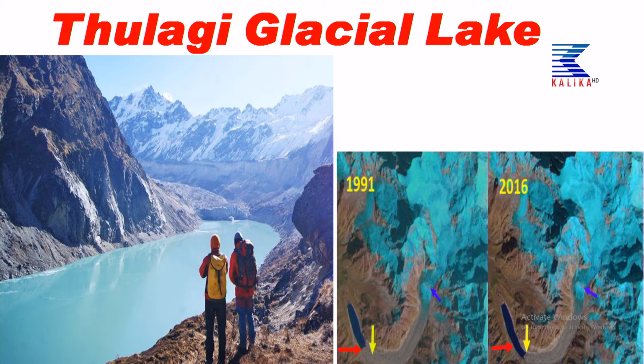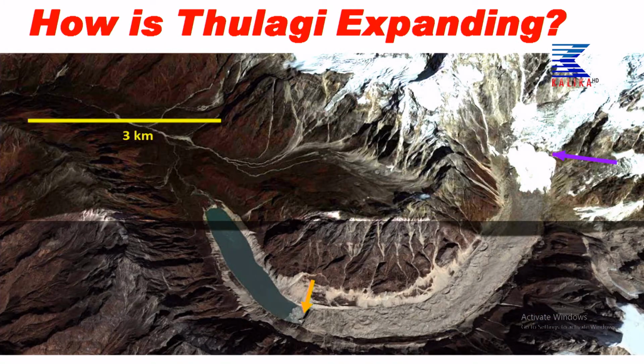You have a look, the glaciers rushing down here like this, and it gets accumulated here. The same picture. What is the difference in these two pictures? The Tulagi Glacial Lake in 2016 has increased in size. It is getting bigger. That's the difference. It indicates that it is going to explode very soon. Okay, good. So next one.